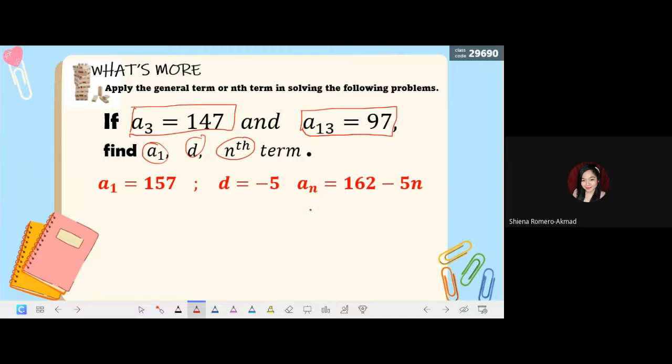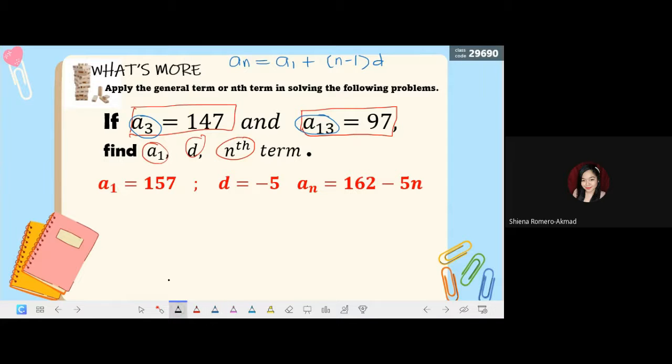Now, what will you do for you to find the following? Paano natin siya makukuha? So, una, ang gagawin natin, katulad kanina, is to use the formula for arithmetic sequence. And that is a sub n equals a sub 1 plus n minus 1 times the difference. Gagamitin natin siya, substitute natin si 3 sa n, and dito naman substitute natin si 13 sa n.